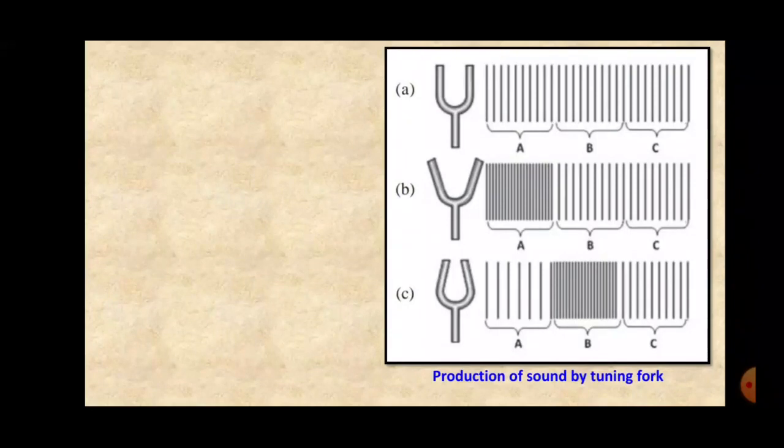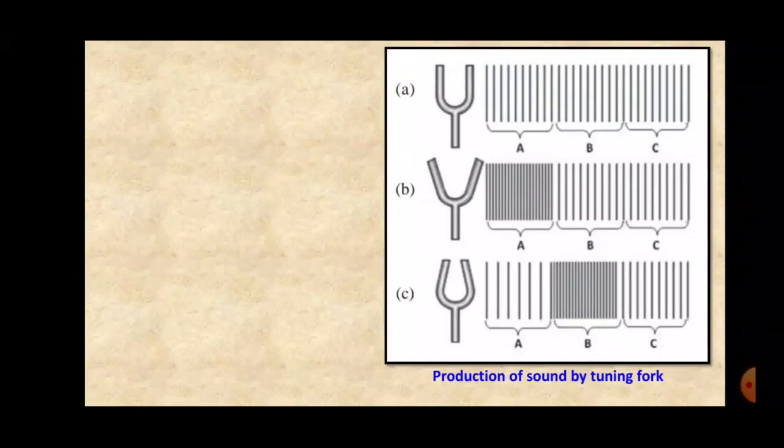The space between the columns increases, and thus the pressure decreases, right? Now as the pressure decreases in region A, the density also decreases, and this is called rarefaction.